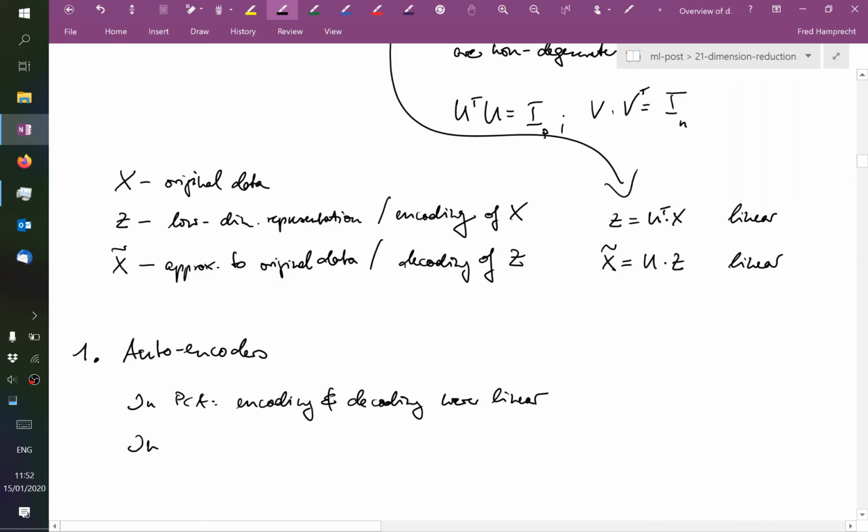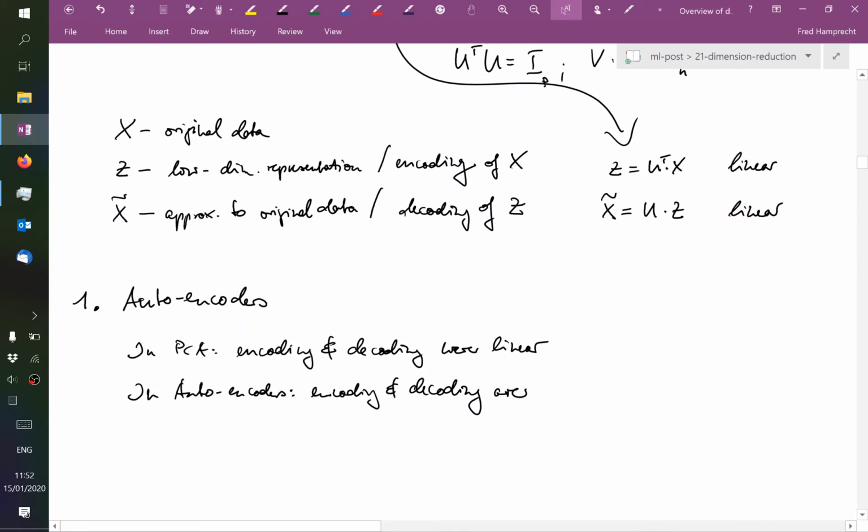And in autoencoders, encoding and decoding are done by a neural network. And neural networks, the ones of interest to us, are always nonlinear. Encoding and decoding are implemented by nonlinear neural networks.